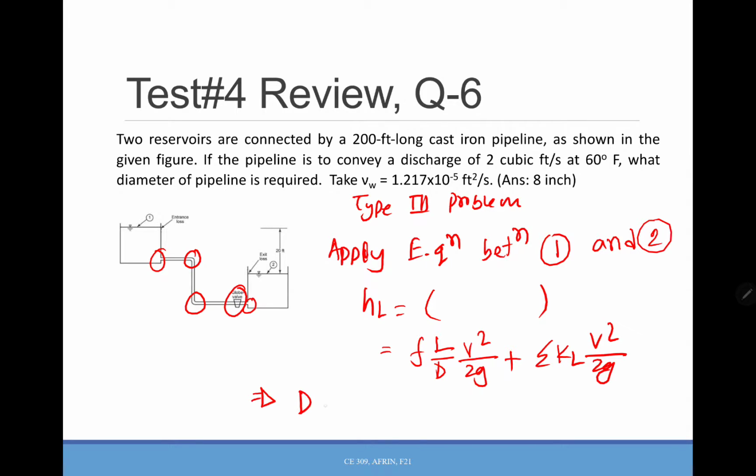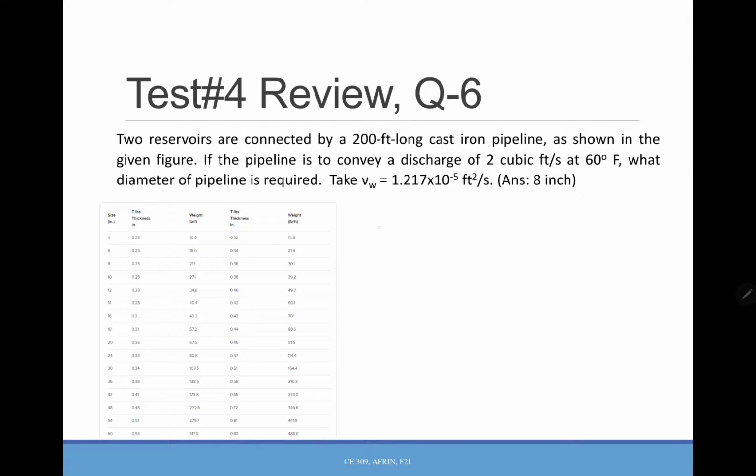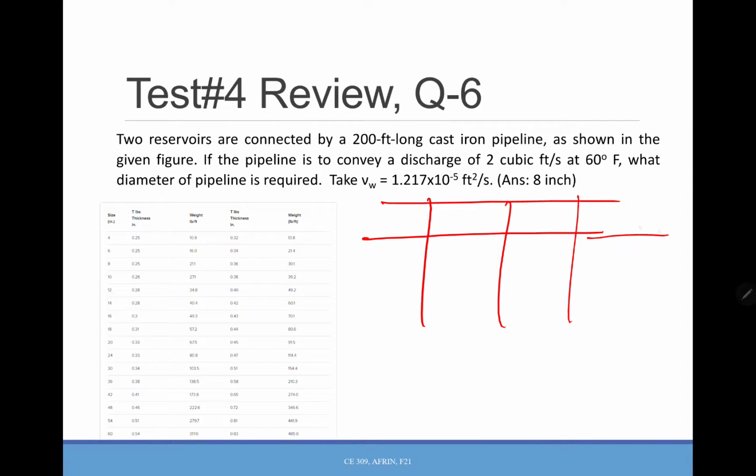So what you will do, you will find the equation for diameter in terms of function f. Most probably you will get an equation for this, not just the D, because you have some numbers here. And once you have that, you get the friction factor, Reynolds number, epsilon over D, and from Moody's diagram you will find the diameter.